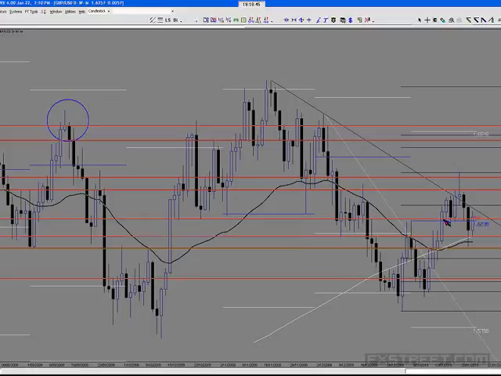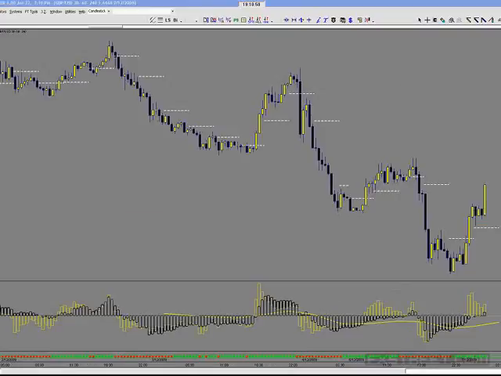Then what I do with this particular charting package, I right-click on the line, and I can link it to any other chart that's the same currency pair. So then I go across to my main chart. Right, as you can see on this chart, it's not on there.